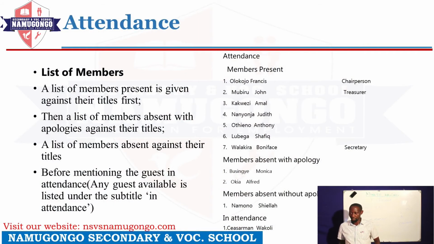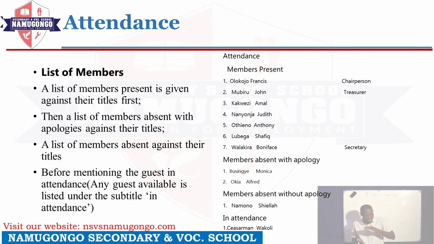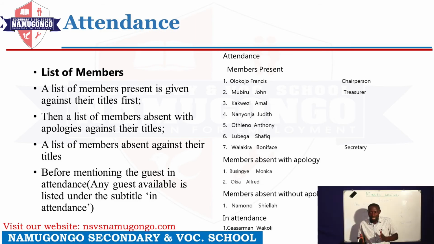Okay, I think there's a repetition there. And then 4, before mentioning the guests in attendance, any guest available is listed under the subtitle in attendance. Okay, we have members present, members absent with apologies, members absent without apologies. And then down we go to in attendance.